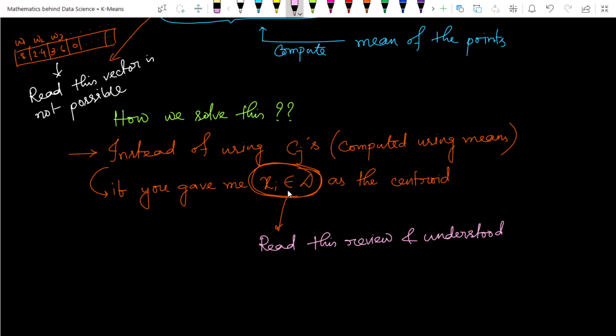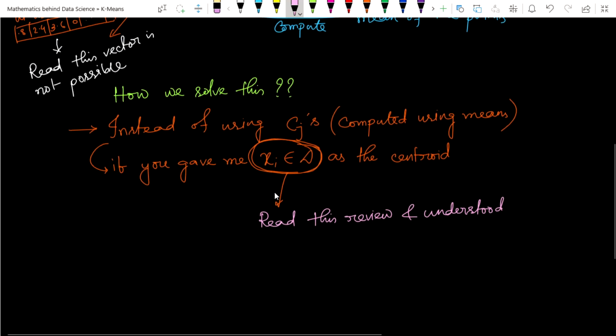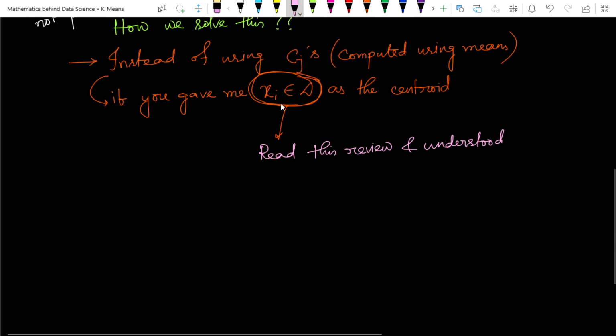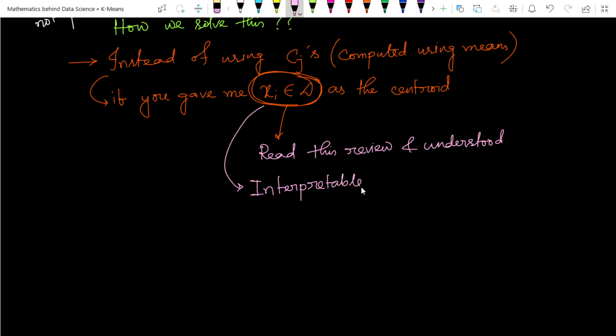Since these reviews are now in our data set, this is now easily interpretable.